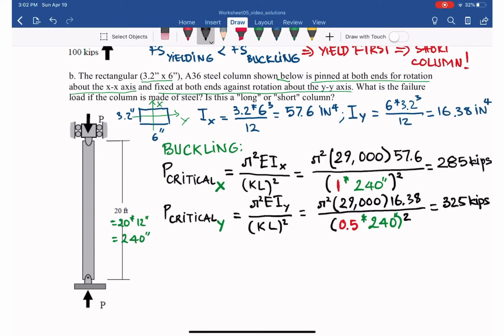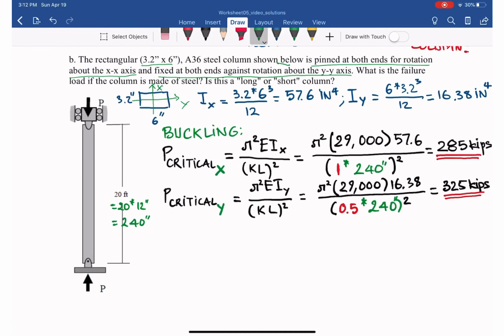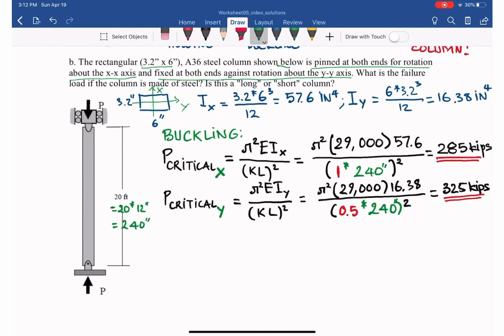As you can see, to buckle about the x-axis it takes 285 kips, and to buckle about the y-axis it takes 325 kips. What does that mean? This column will buckle about the x-axis, since that is smaller. From that, we want to check, since its failure load due to buckling is 285 kips, whether it is also yielding with that load.